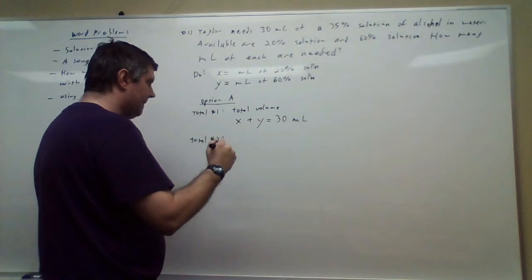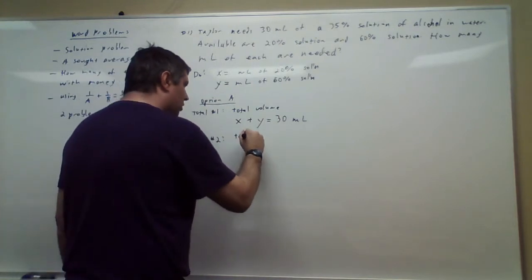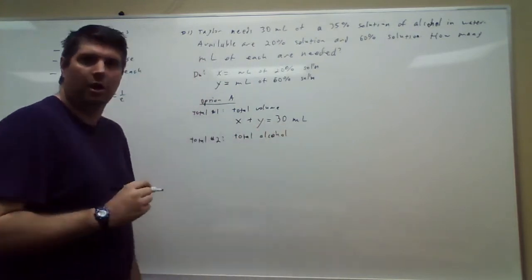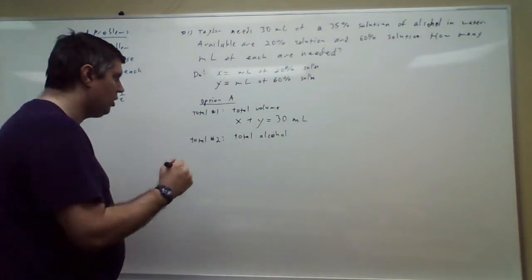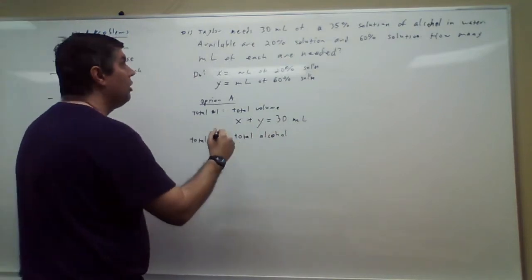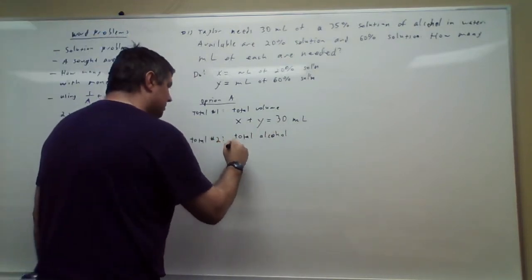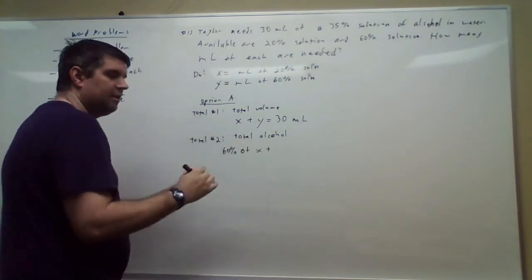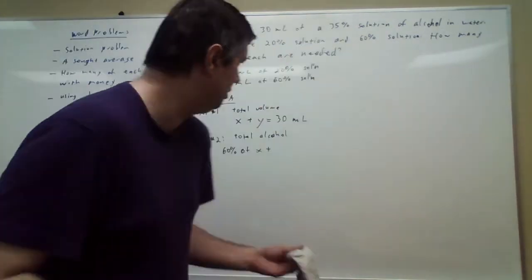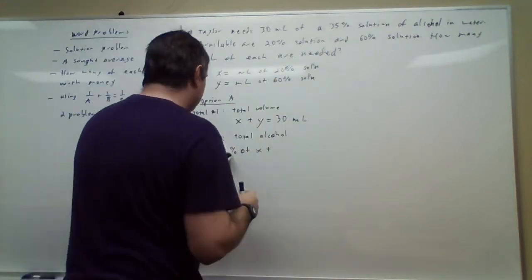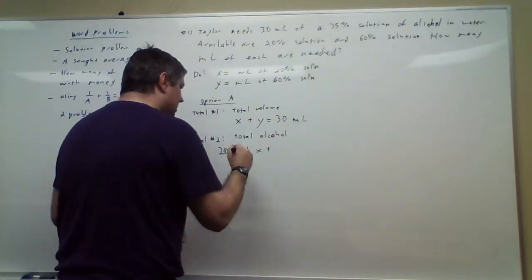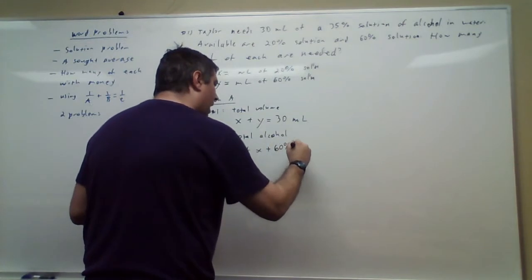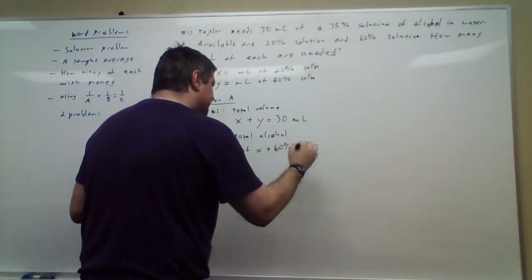Okay? That's going to be total alcohol. Well, 20% of X plus 60% of Y, that's going to be alcohol.